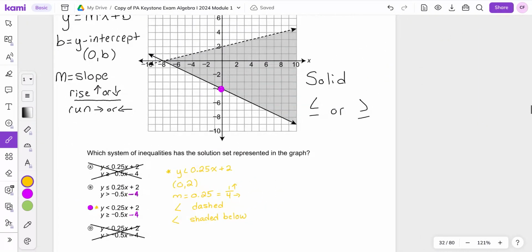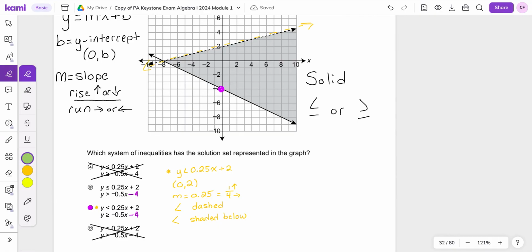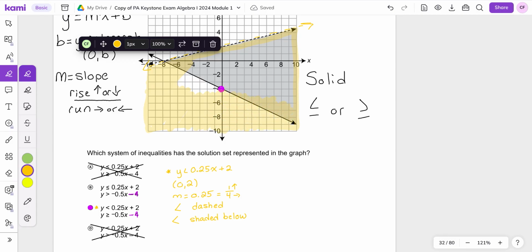Therefore, the one that matches this is this one here, that top line, the dashed or dotted one, and I shade everything below it, all this information over here. The solution of this one is anything in the orange shaded region, but not on the line because it's a dashed line. Now you may be asking yourself, why is there shaded orange outside of the gray area? We'll get to that momentarily.